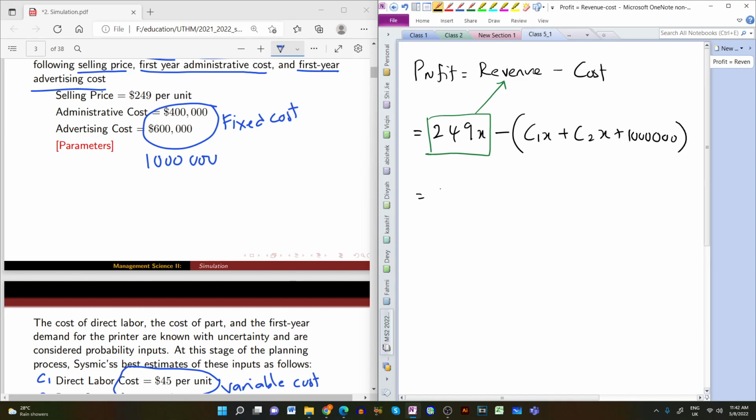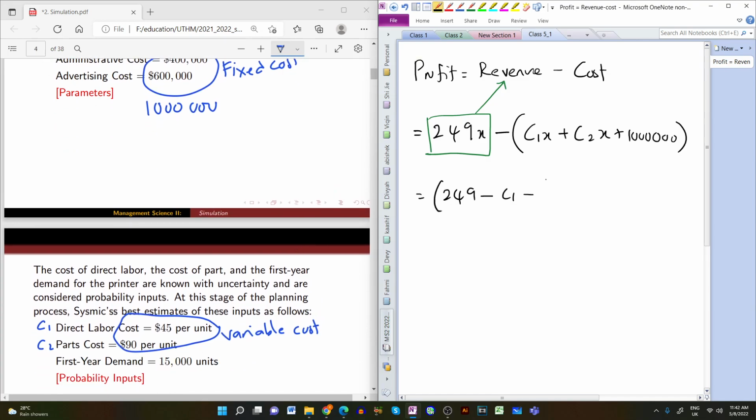So if you want to simplify this equation, it becomes (249 minus C1, which is the labor cost, minus C2, the part cost) times x, minus 1 million.